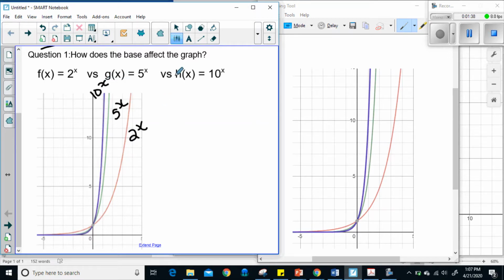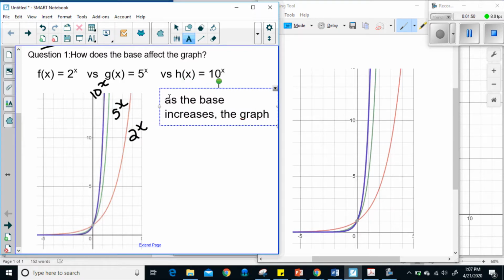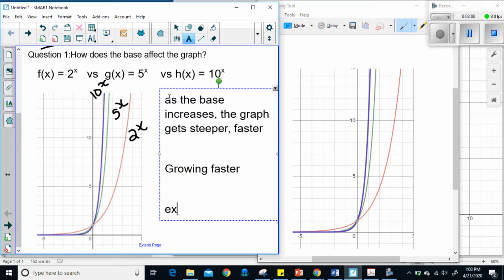So we can see what's happening here is that as the base increases, the graph gets steeper faster. So we say it's growing faster. And these are all examples of what we call exponential growth.